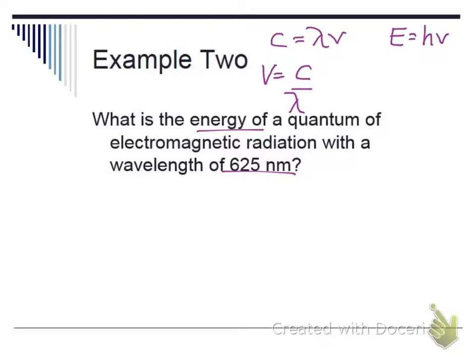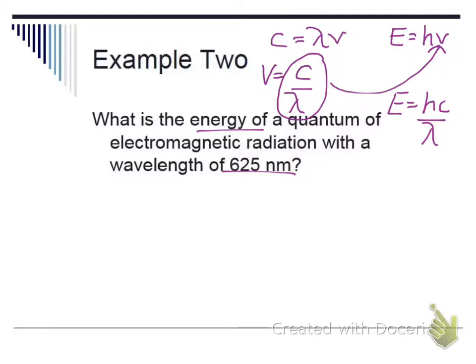If I rearrange that and substitute it in, my equation is now all in one: E is hc over wavelength. If you don't like that, then ignore it and use them separately. It's your choice. In AP Chem, we use that equation already put together. It makes our life easier.